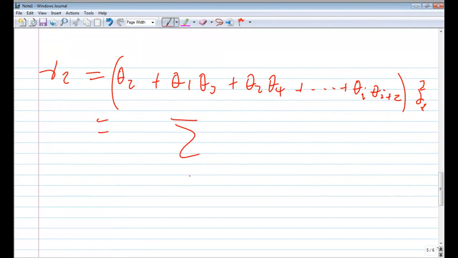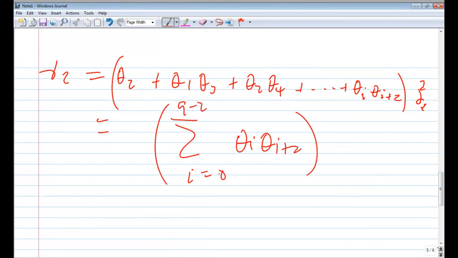Now the summation, i ranging from 0, theta i theta i plus 2, up to Q minus 2, then sigma squared Z. And remember, theta 0 is equivalent to 1.